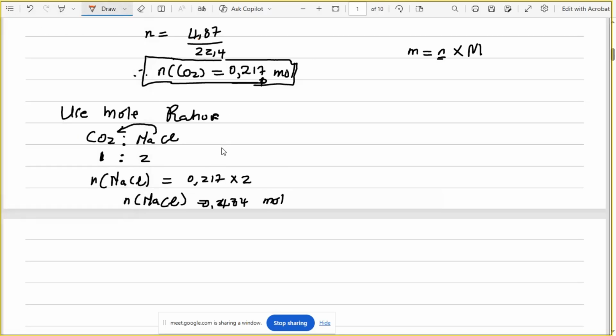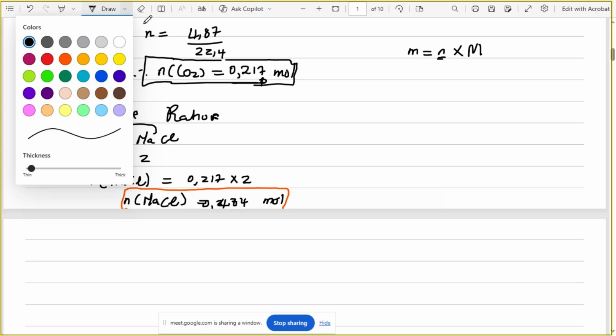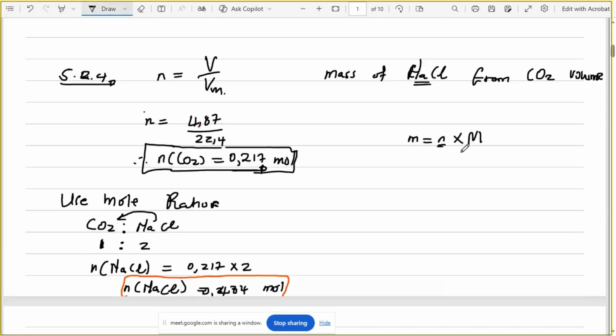I'm going to highlight this because we definitely need this to move to the next step. So now that you have the number of moles for sodium chloride, you can come back to this formula and do the substitution. The mass is that number of moles, 0.434, multiplied by the molar mass of sodium chloride. We need to find the molar mass of sodium chloride.